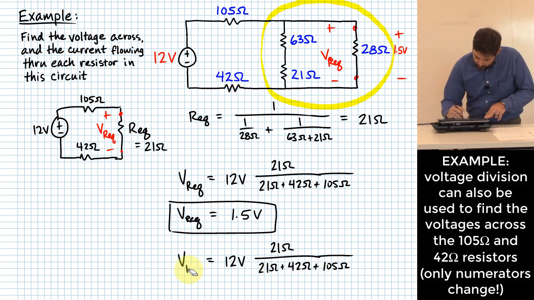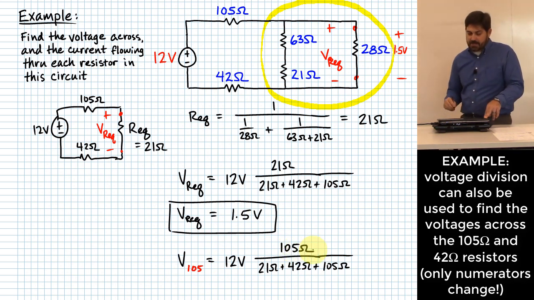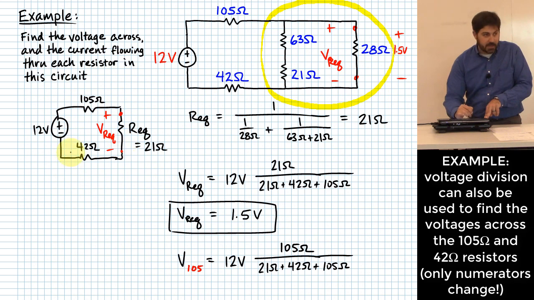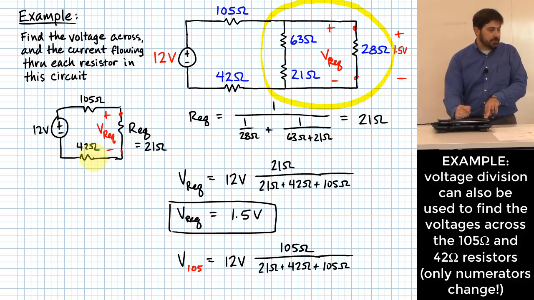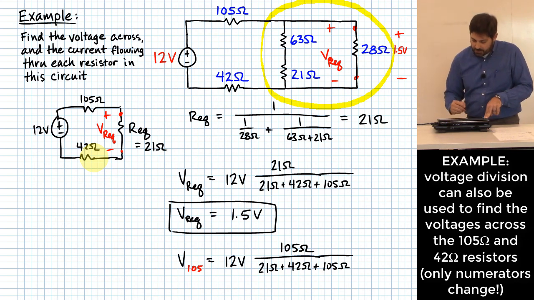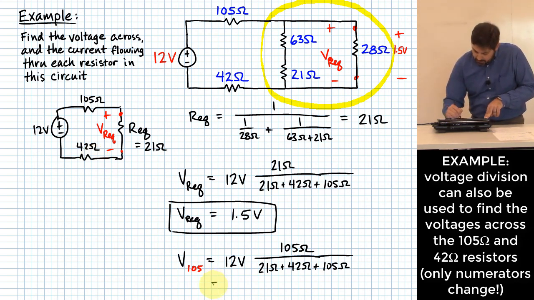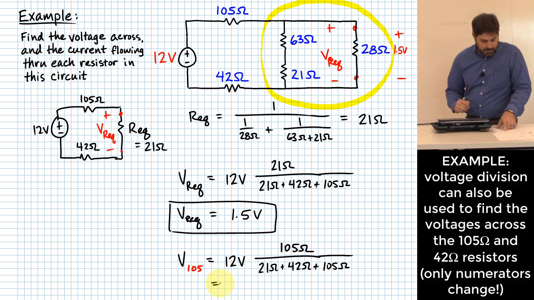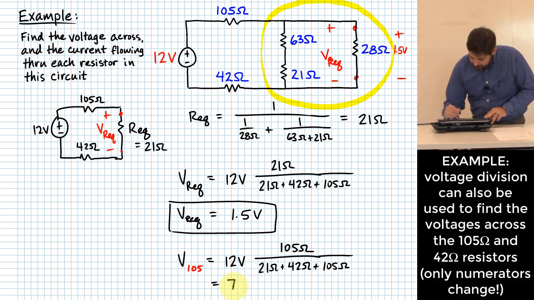To get the voltage across the 105, let's say, I have to change this numerator to what? 105 ohms. Everything else stays the same because I still have the same sum of resistance around this loop as I did when I calculated V across REQ. Okay, so that ends up giving me, let's see, 7.5.